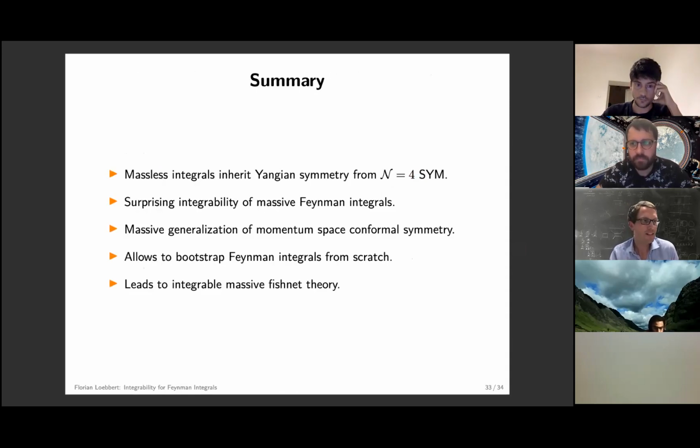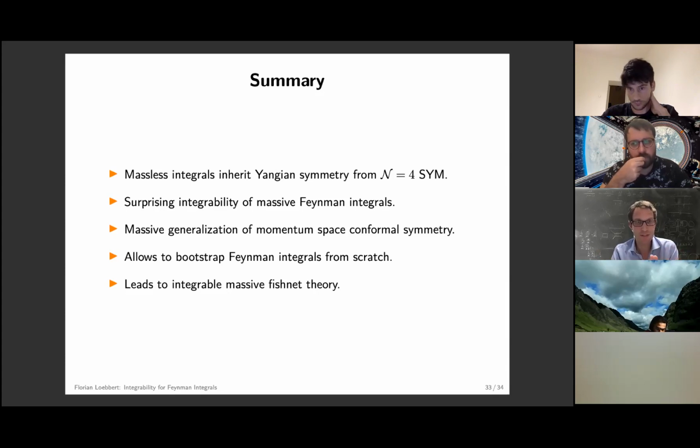So let me summarize what I've told you. We've seen that these massless Feynman integrals inherit a Yangian symmetry from N=4 super-Yang-Mills theory. Somewhat surprisingly, we found that also in the massive case, we can formulate such a Yangian for Feynman integrals, which can be traced back to this massive generalization of the momentum space conformal symmetry, which maybe has not been seen because it has this slight non-locality in the masses.